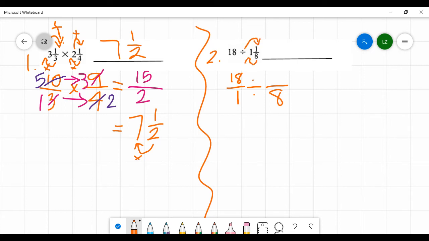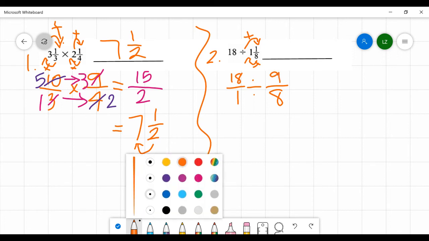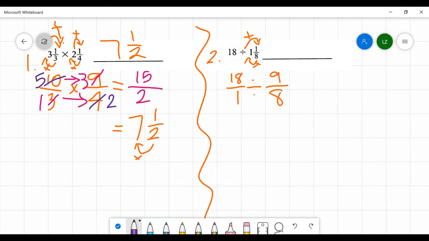So it would be 8 times 1, giving you 8, plus the numerator 1. So I get 9. Now remember, the one little thing that's different about division is before we start doing any calculations, we must keep it, change it, flip it.